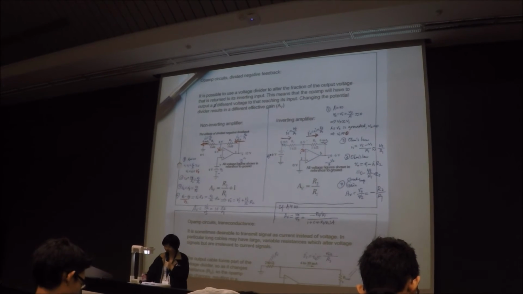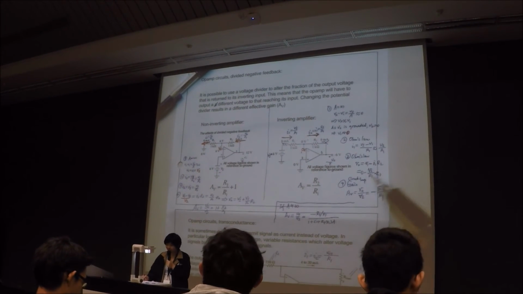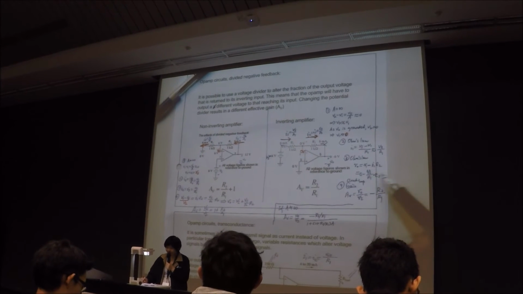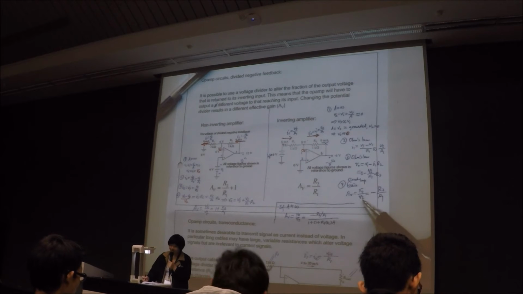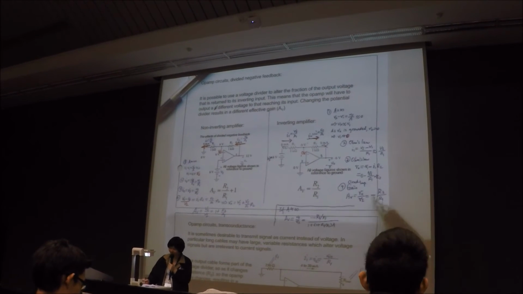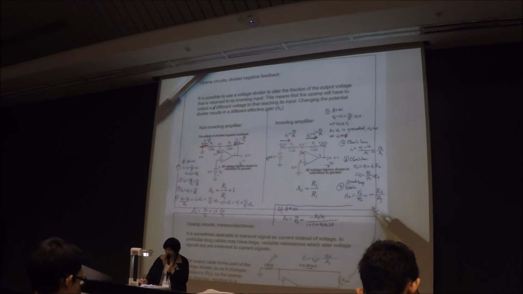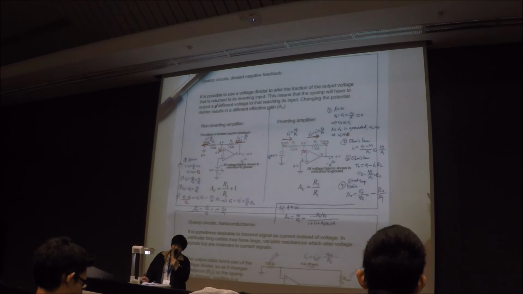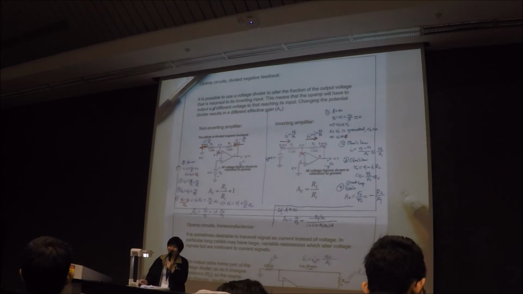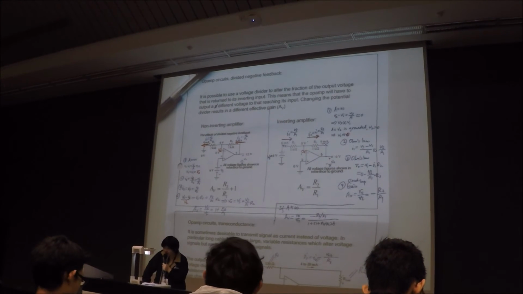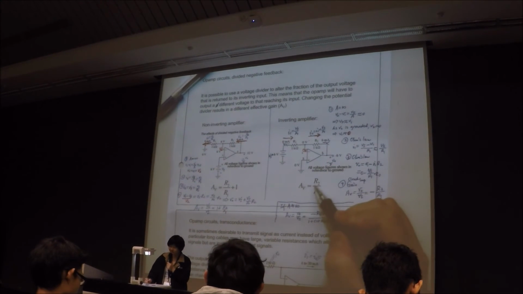We have obtained the output, which is minus VI divided by R1 times R2. Our input is VI, so VI cancels out. The amplification gain becomes minus R2 over R1, not positive.